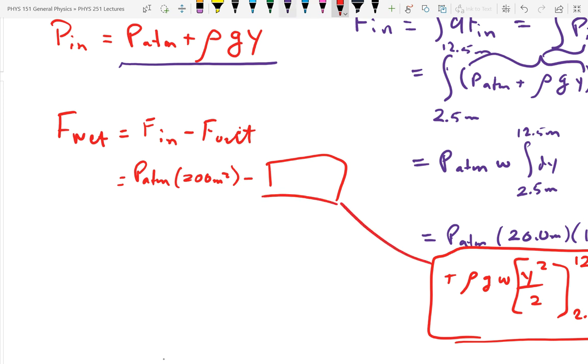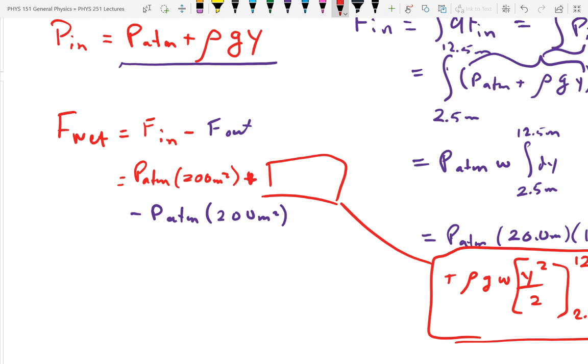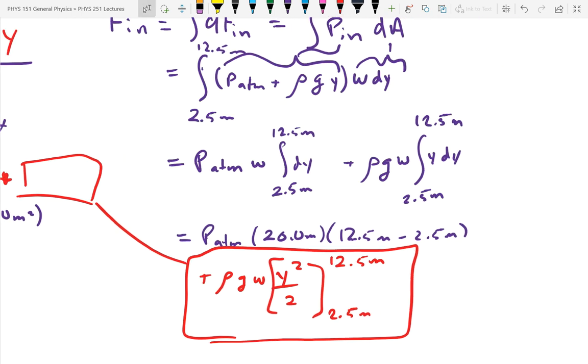And then I have to subtract the force out, which is pressure atmosphere times the area. The area is 10 times 20, or 200 meters squared. And so those two leading terms subtract out, and my entire answer, with the correct sign instead of the incorrect sign, that's a plus sign, is the thing that's in this box.